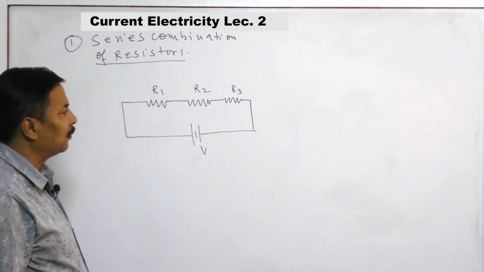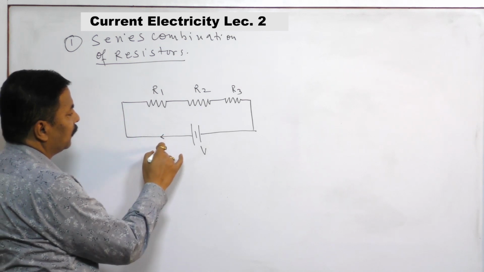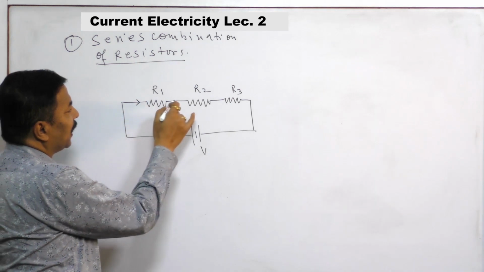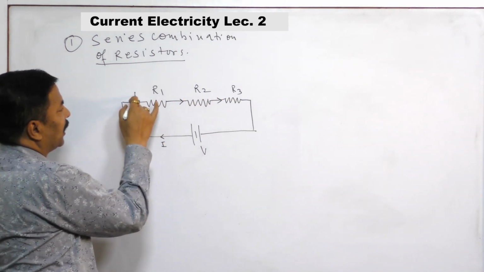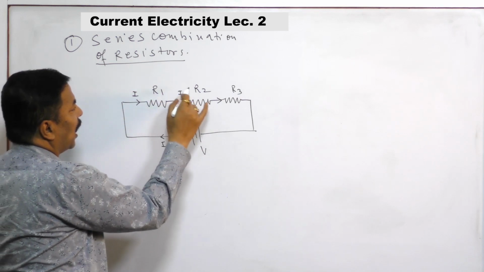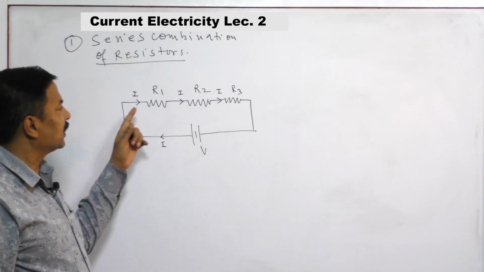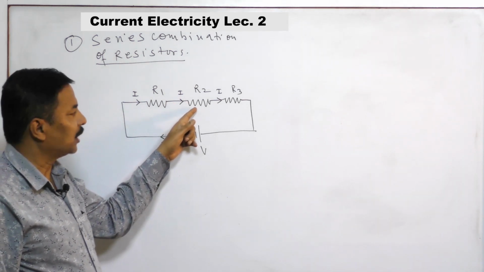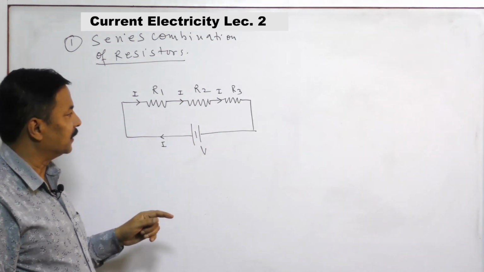In this situation, what we will observe is that the current that is coming from the battery will remain the same through all the resistors. Here also I current, here also I current, here also I current. Through resistance R1 the I current is there, through R2 the I current is there, and through R3 the I current is there.